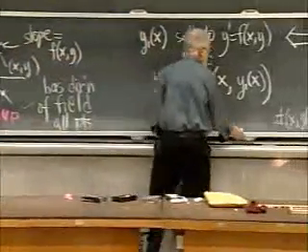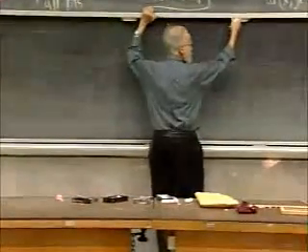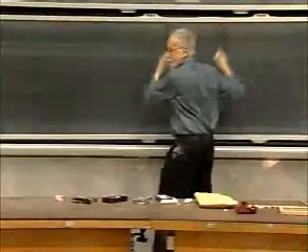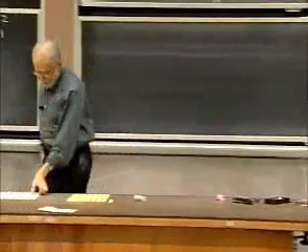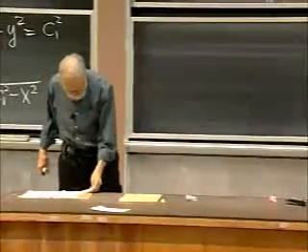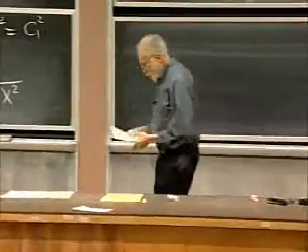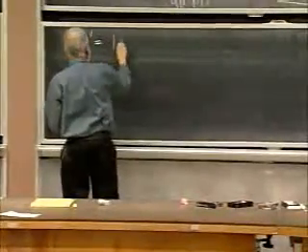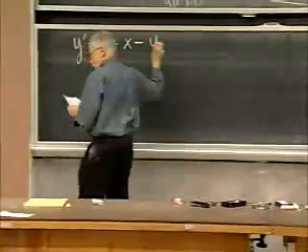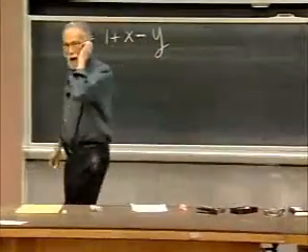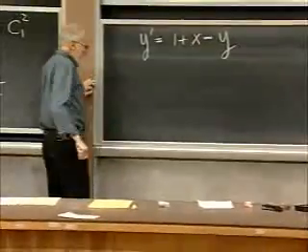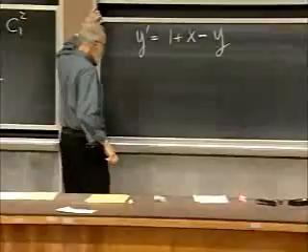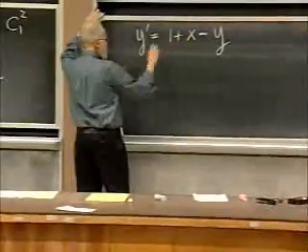Now, a slightly more complicated example is going to be y prime equals 1 plus x minus y. It's not a lot more complicated. And as a computer exercise, you'll work with still more complicated ones. But here, the isoclines would be what?